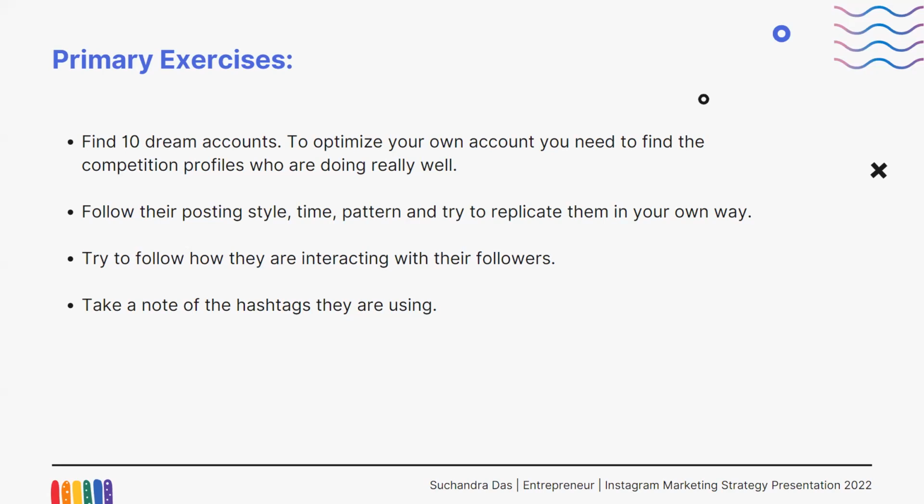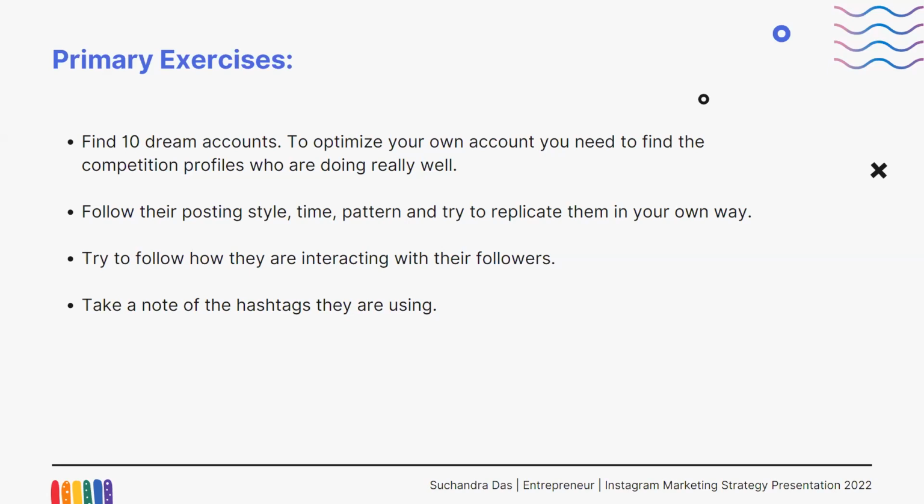So for the same service or the same product being sold, I will go to those profiles that are doing better, and then we'll see how they are interacting with the people who comment there, how they are replying, and how they are holding on to their followers and making them interact with the brand, the pictures, the videos, basically with the brand. We have to follow those a bit. Hearing this, it may seem like a very tedious job, but it's not actually tedious. If you look a little, you will be able to understand how they are doing it, and of course take note of the hashtags they are using.